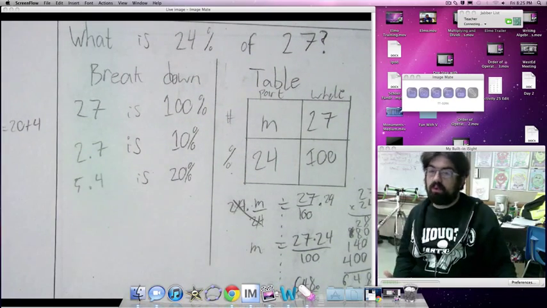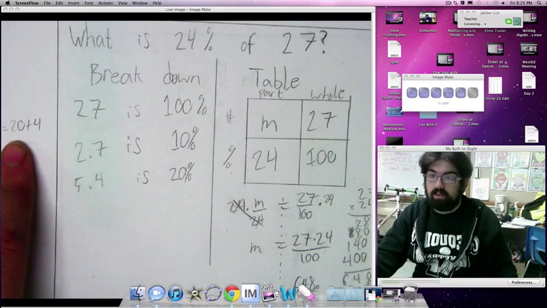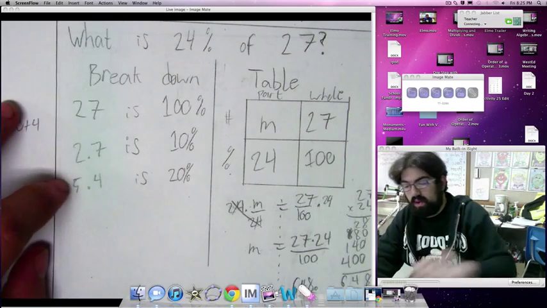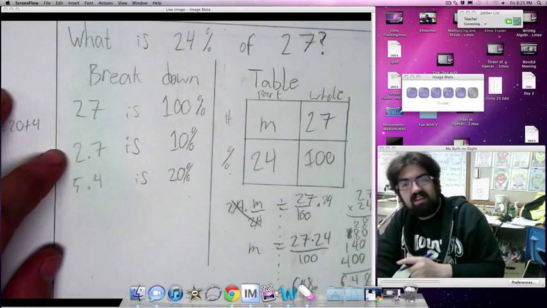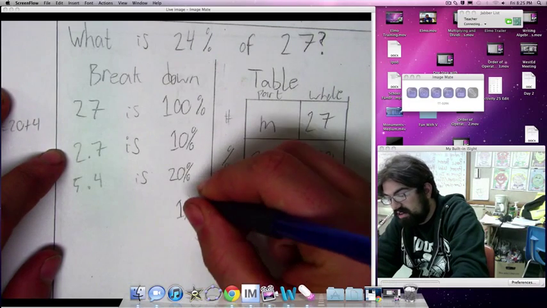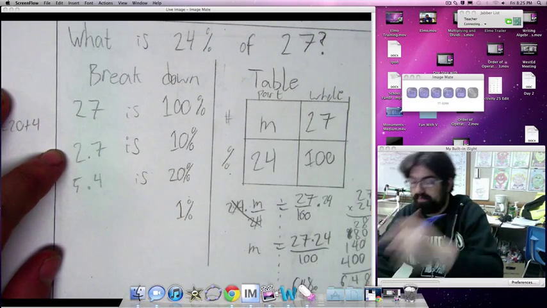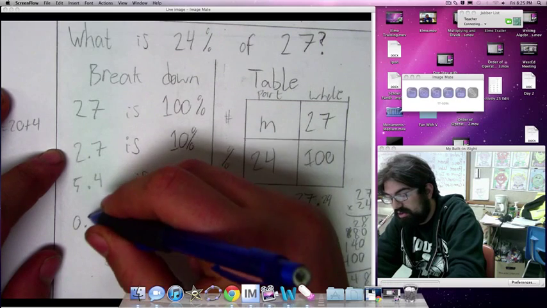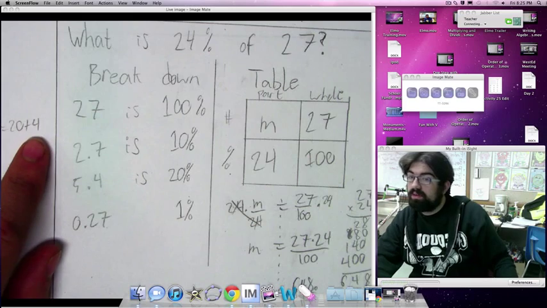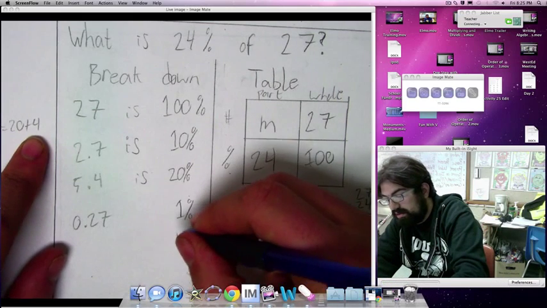So I know 5.4 is 20%. Okay, we got our 20%. Now I need 4. Going back up to here, if 2.7 is 10%, what's 1%? That is 0.27. I need 4%.